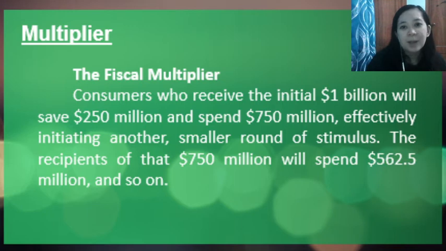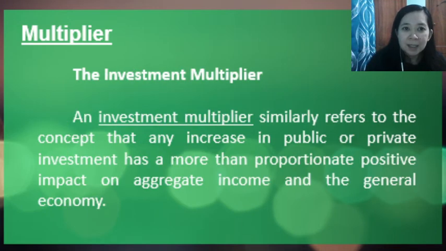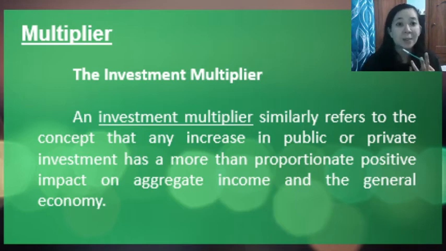Next, we have the investment multiplier. The investment multiplier similarly refers to the concept that any increase in public or private investment has a more than proportionate positive impact on the aggregate income and the general economy.